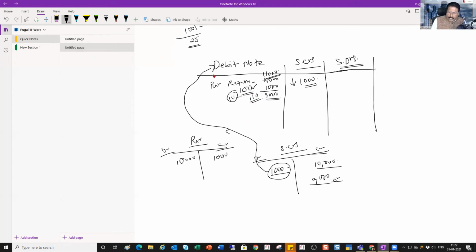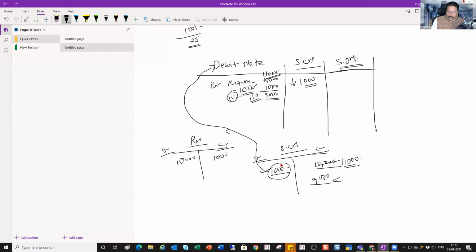So you will pass a debit note, assuming that this is 11,000 rupees credit in the original invoice, and this is the second use case we are talking about. So 10 rupees into 100 numbers, let us assume, so 1,000 rupees is what you have to reduce.